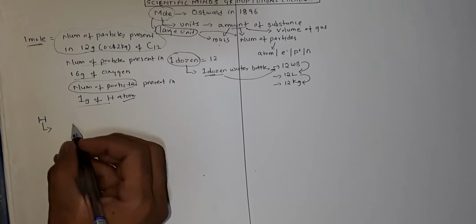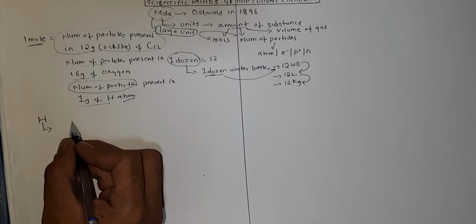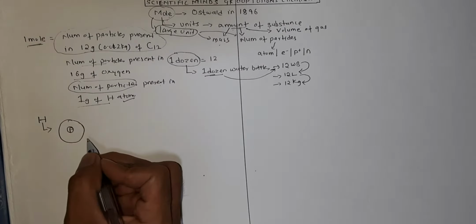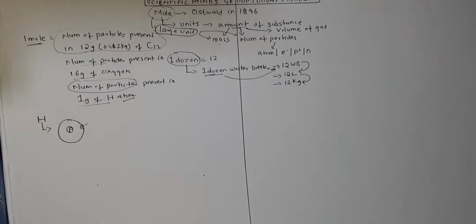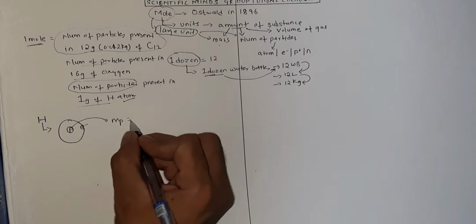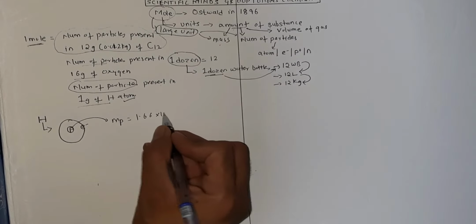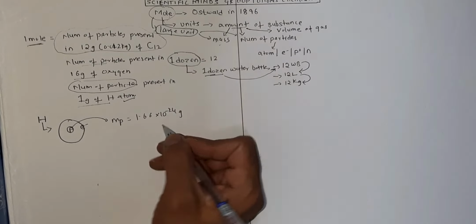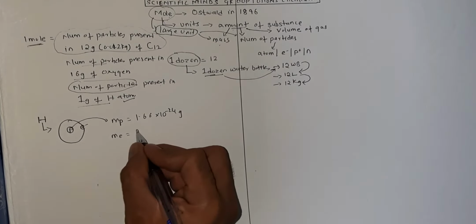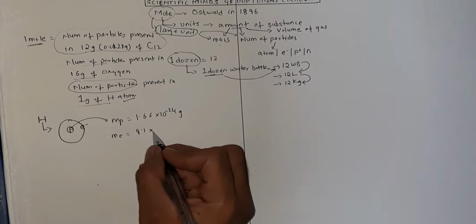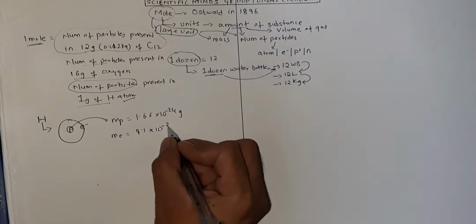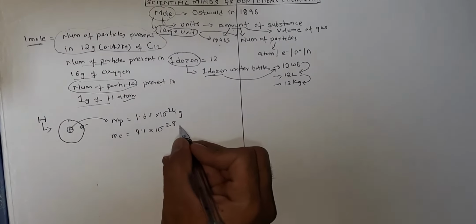Now we know that 99% of hydrogen exists in the form of protium, where it has 1 proton and 1 electron. Now the mass of 1 proton was estimated at around 1.66 into 10 raised to minus 24 gram. And the mass of an electron was 9.1 into 10 raised to minus 28 grams.